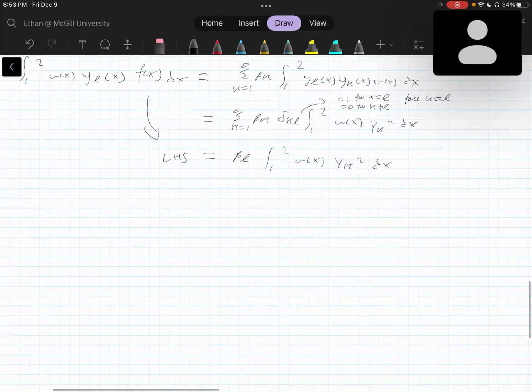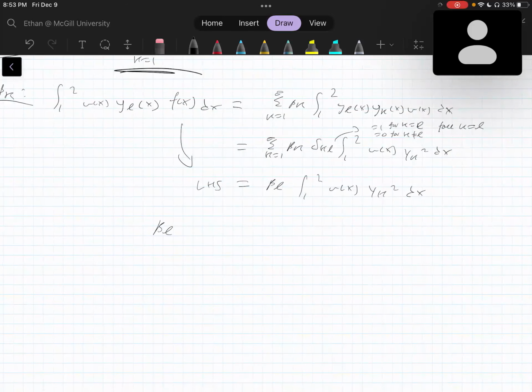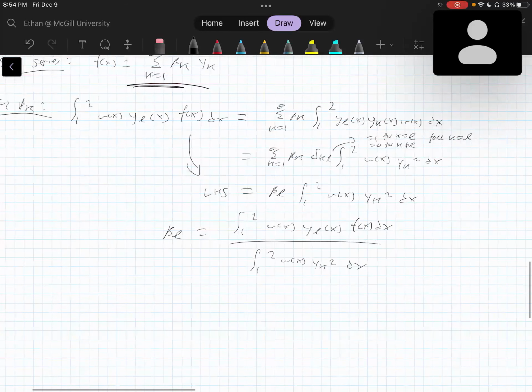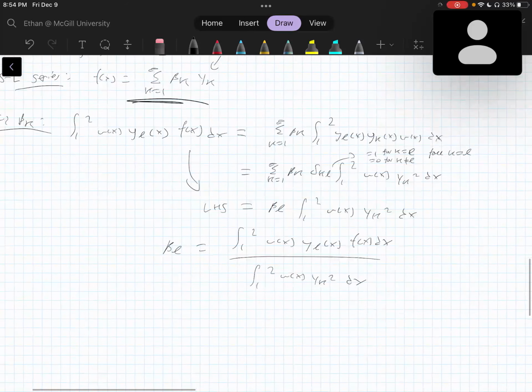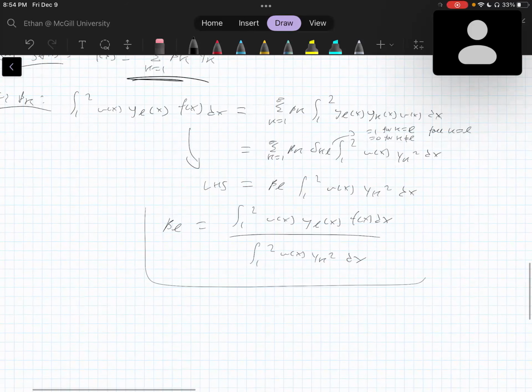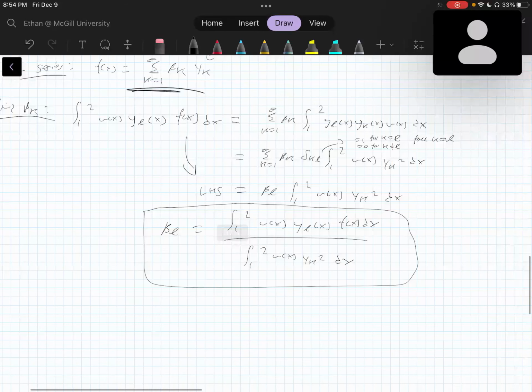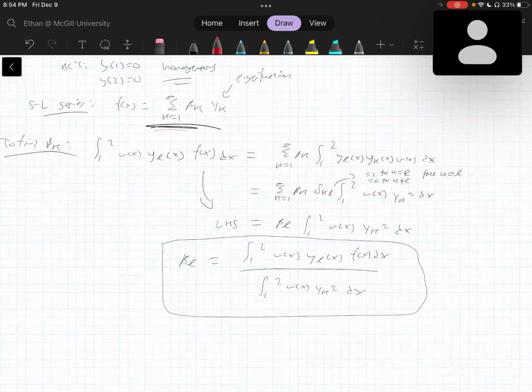We're solving for our constant BL, which is going to be equal to, just by dividing through, okay. So this is our equation for our constant, which goes into this sum here.